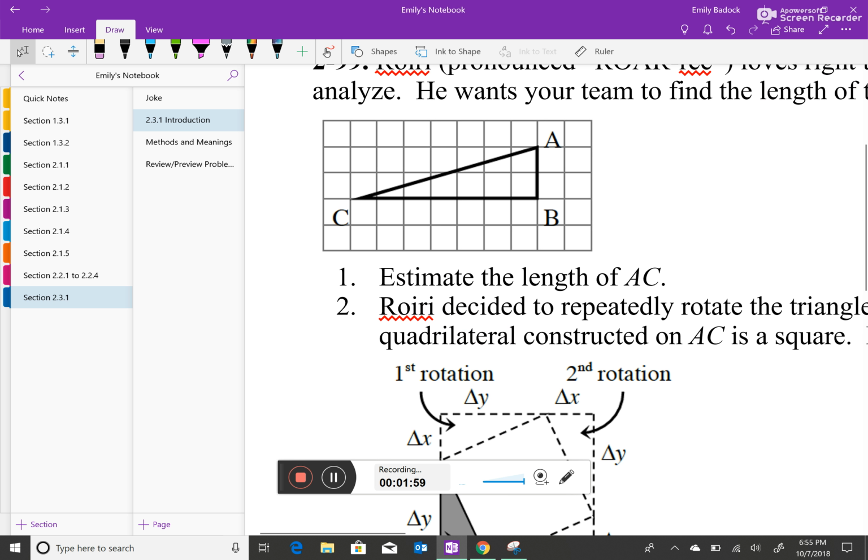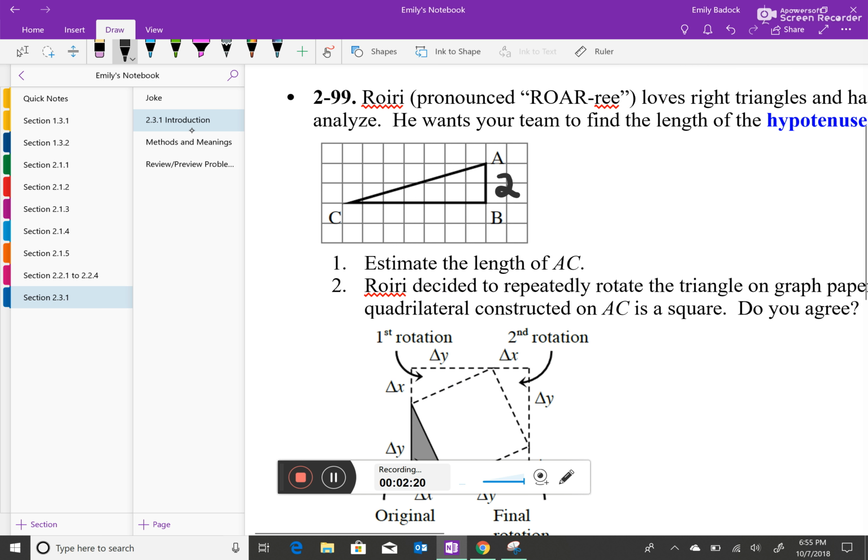We want to find what the side length of AC is equal to. For starters, we're just going to estimate the length of AC. Estimate is just a rough guess. In order to make a rough guess, I know it's the longest side, so I want to figure out what the other two sides are, so I know that it has to be longer than that. Side AB is 2 units, and CB is 1, 2, 3, 4, 5, 6, 7 units.